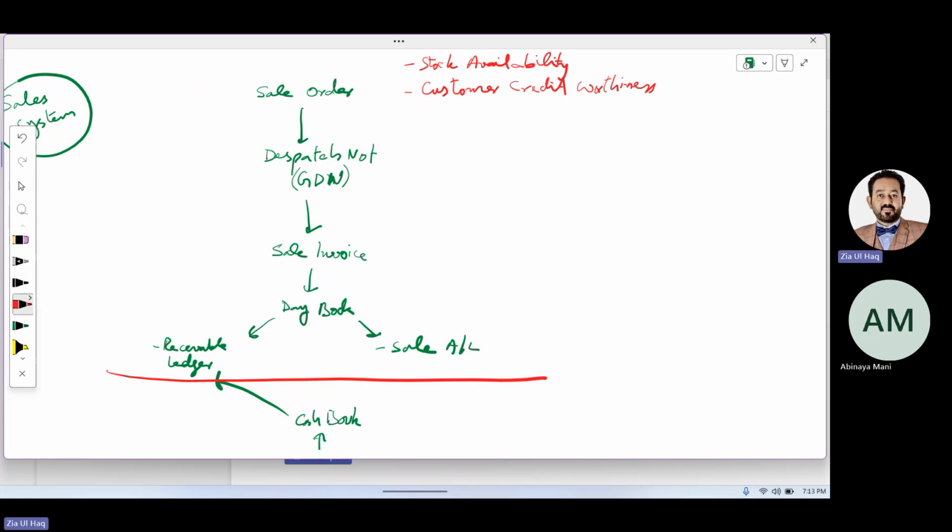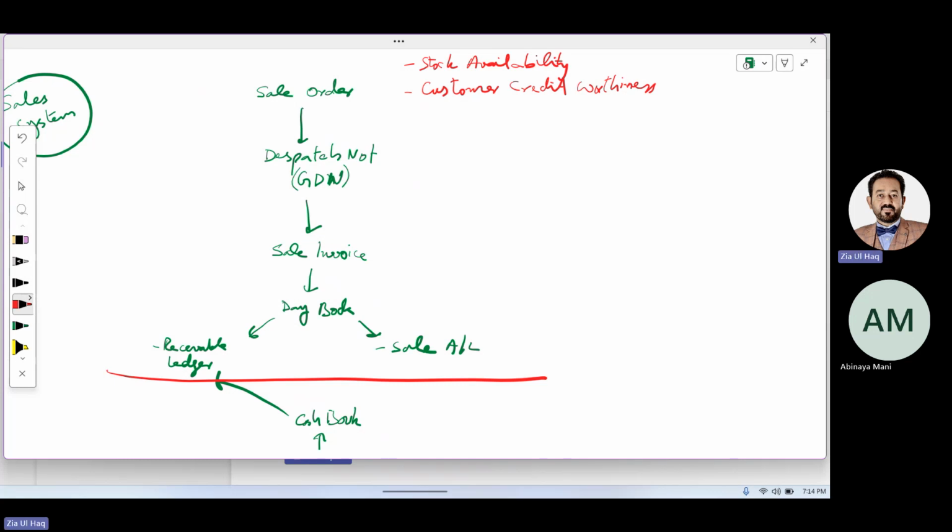How can we check customer credit worthiness? From his past record. If in the past he has made payment on time, this means his credit worthiness is good. For a new customer, we can ask him, okay, send us your bank statement. Through the bank statement, we will see if there are so many inflows and outflows. This means he has good cash repute, so he is credit worthy.